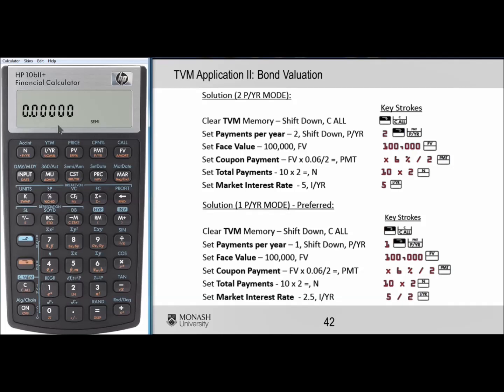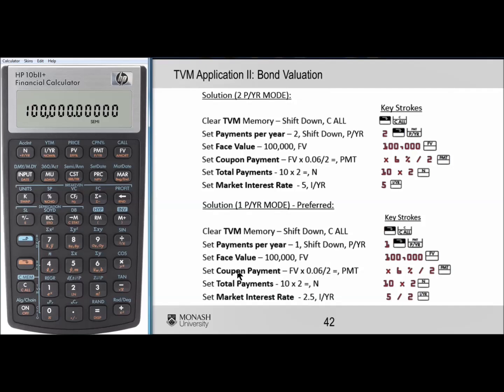Make sure that you are in the correct payment per year mode that you want the calculator to operate. In this case, I'm demonstrating the one payment per year mode. After clearing the memory, set the payments per year, which is already in one payment per year mode. Then set the face value, 100,000 face value.